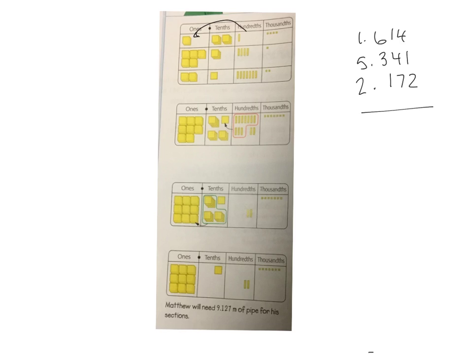And you can see they just make these three numbers using this. You can see the decimal place here. So the first one is 1.614, just like we've got there. This one here is 5.341, which is exactly what we got there. And this one is 2.172, just like we were showing there.